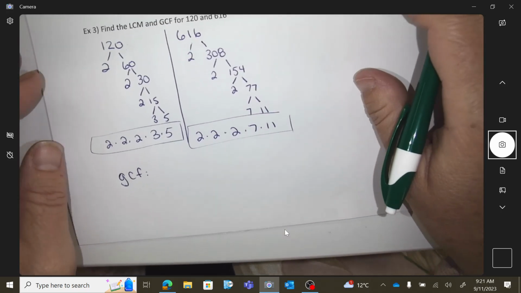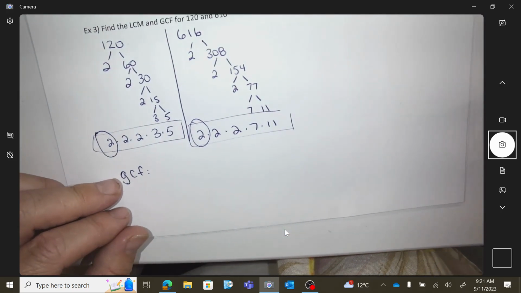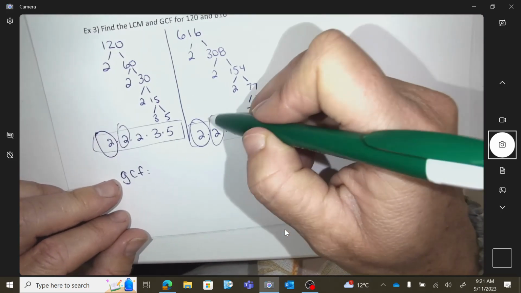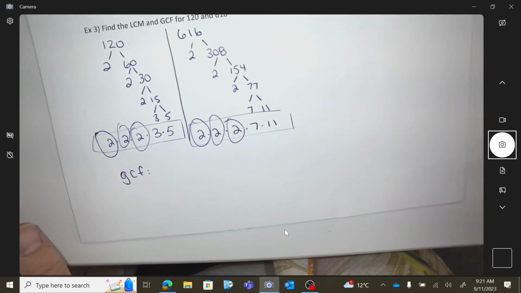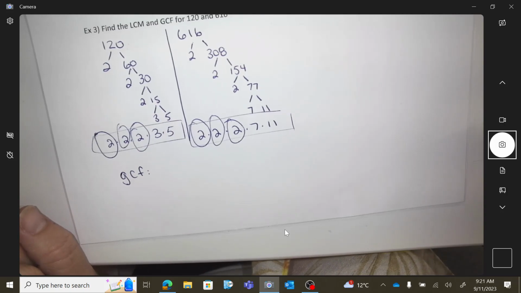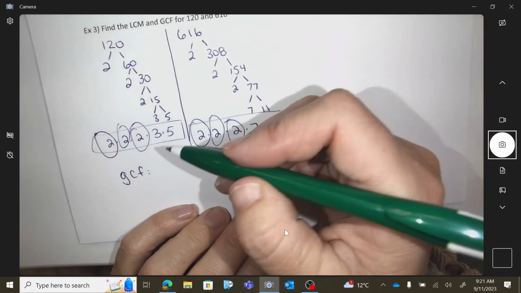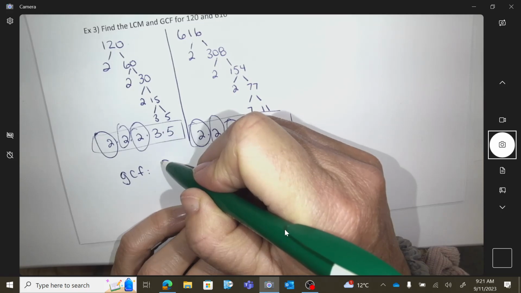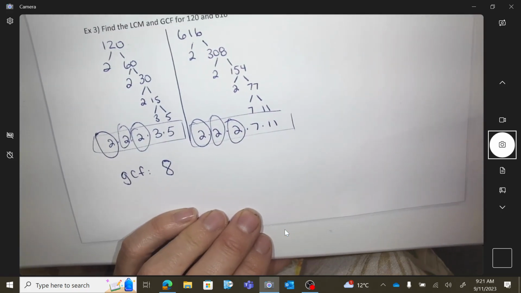Okay, so what do they all have in common? This one has a 2 and this one has a 2. This one has another 2 and another 2. There's a third 2, and then that's it. So what does that make together? If there's a 2 times a 2 times a 2, what's that value? Should get 8. 2 times 2 is 4, times 2, 8.